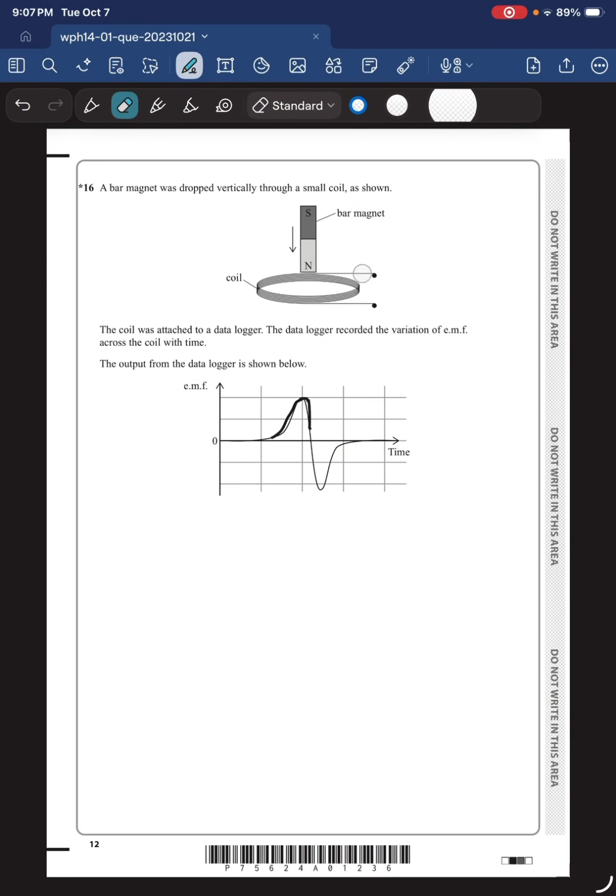And then when it exits, so when the bar magnet comes here, for example, it tries to exit, now the current flows in the opposite direction, okay? No, this direction, sorry.